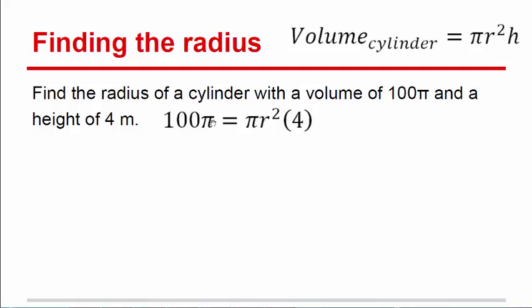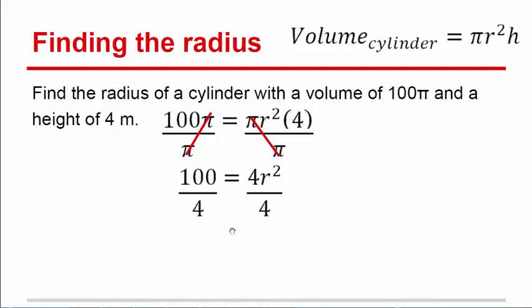Now, we note that we have pi on both sides. Let's divide both sides by pi and cancel out pi. What that leaves us with now is 100 equals 4r squared. Well, we do have our variables on one side and numbers on the other. The variable is being multiplied by 4 and it's being squared. So let's go ahead and divide both sides by 4.